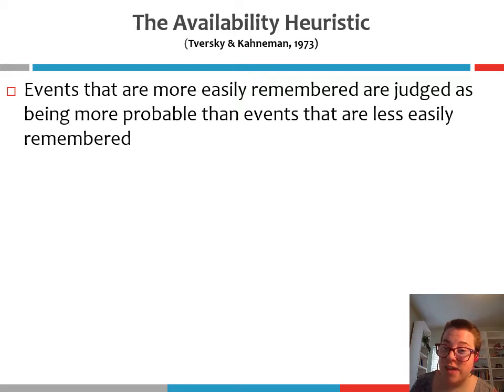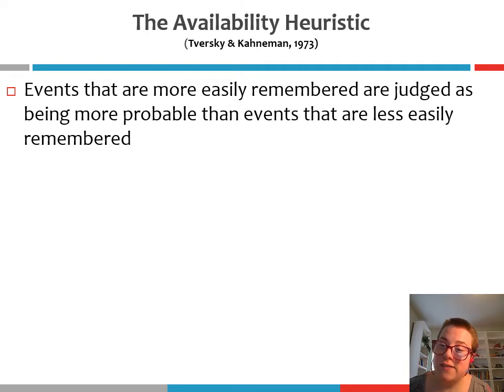Well, this is the same question that Tversky and Kahneman asked their research participants in 1973. And when they asked them, 70% of people said that there are more words in the English language that start with R than words for which R is the third letter.